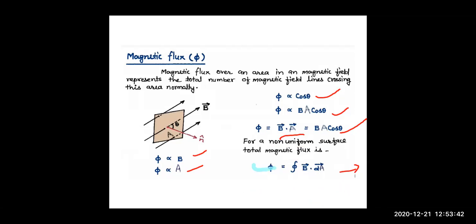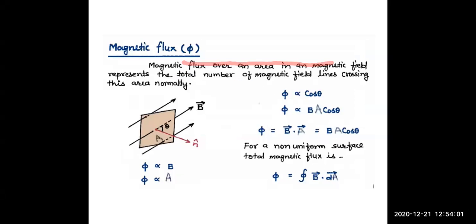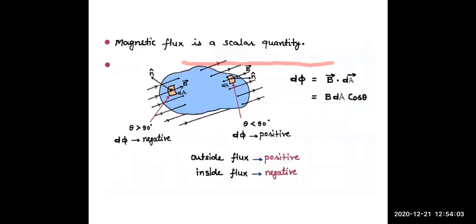Okay, children. So how can you define magnetic flux? Magnetic flux can be defined as the total number of magnetic field lines which are crossing a particular area normally. Okay, so that is your magnetic flux.